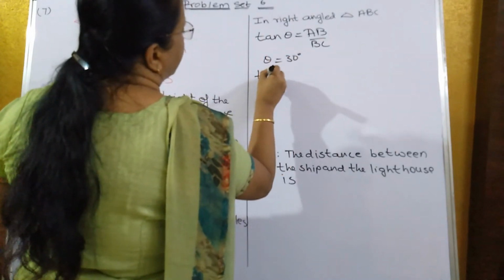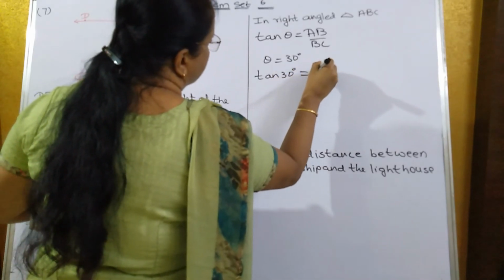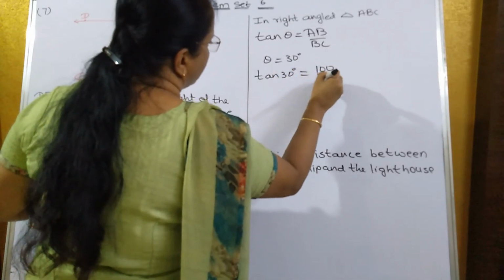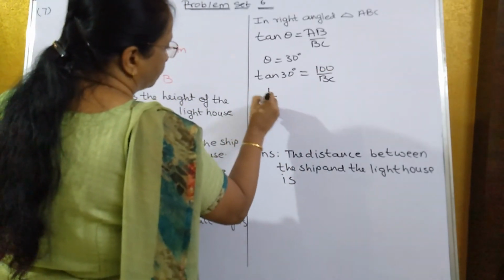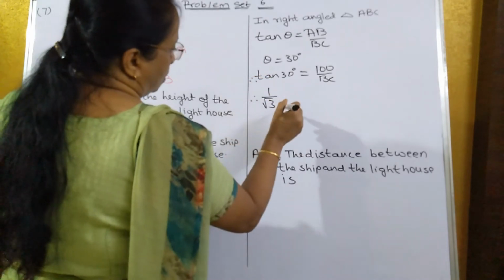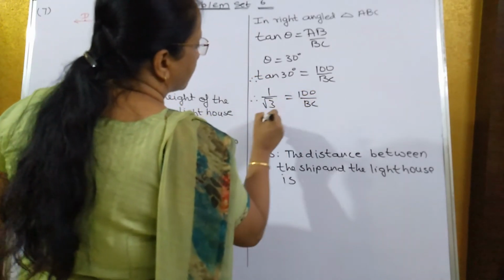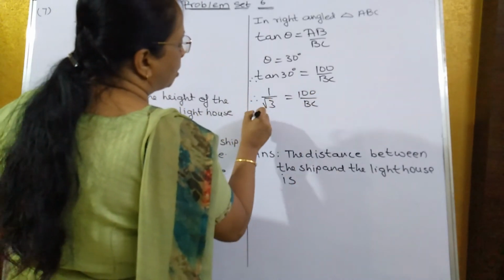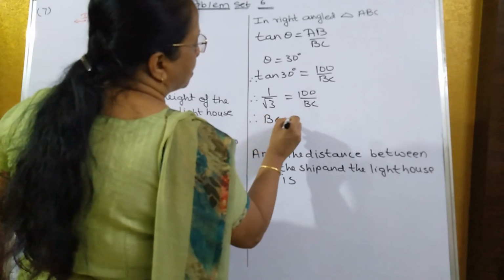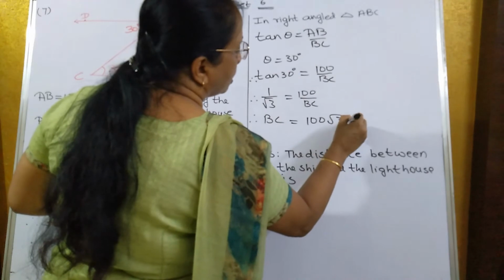So tan 30 degree is equal to AB, given 100, upon BC. Now how much is tan 30? 1 upon root 3 is equal to 100 upon BC. Take this root 3 on this side and BC on this side. So BC is equal to 100 into root 3, that is 100 root 3 meters.